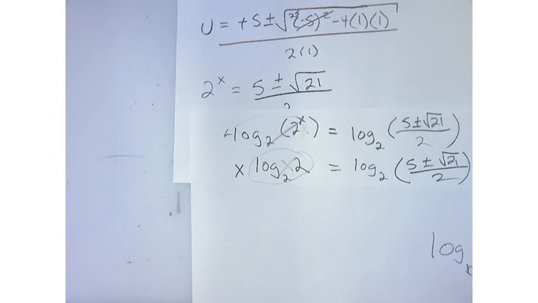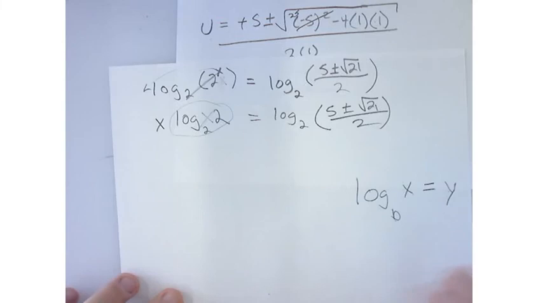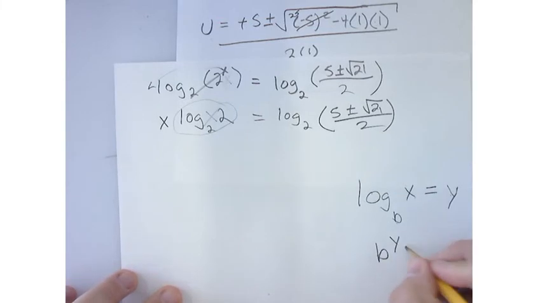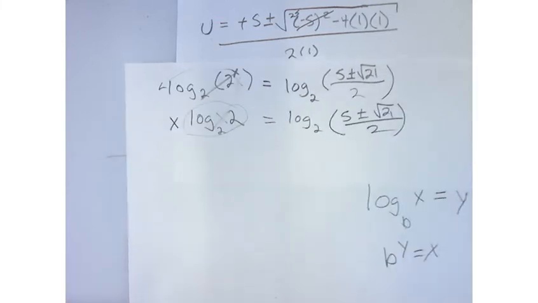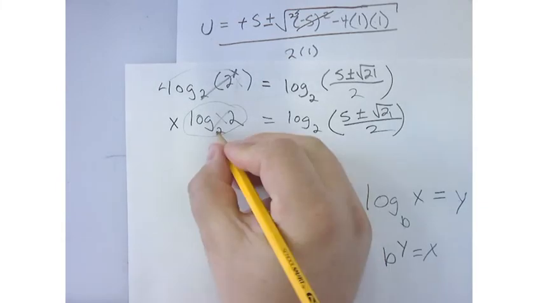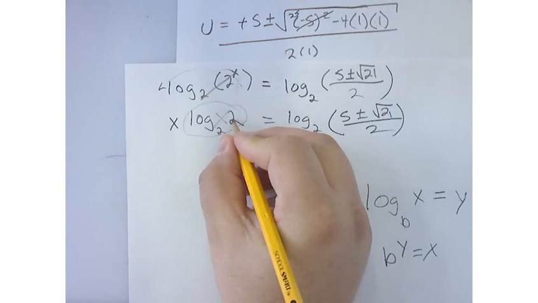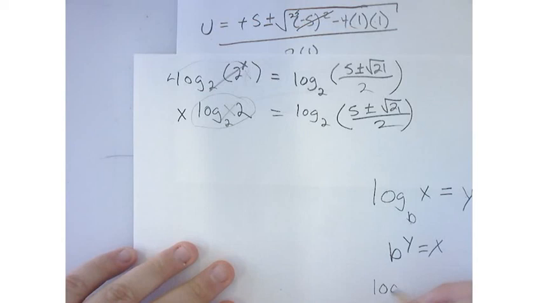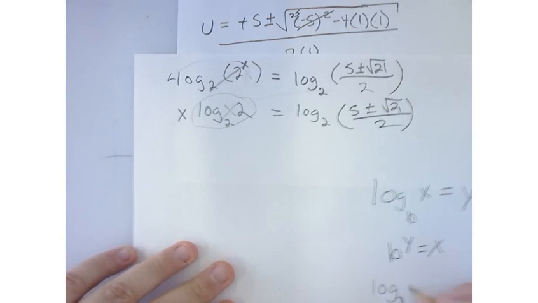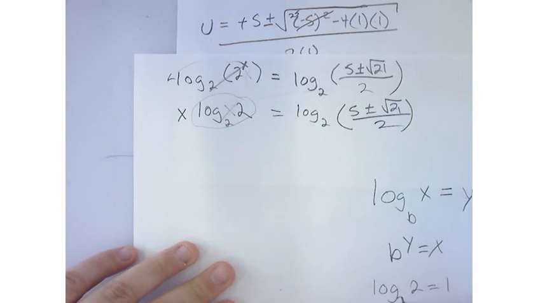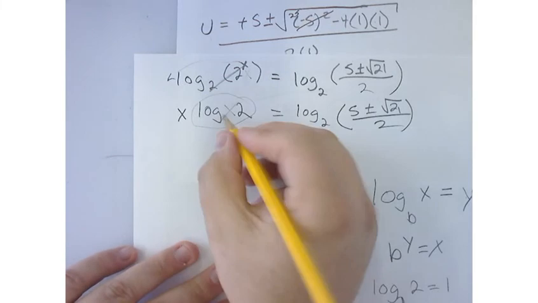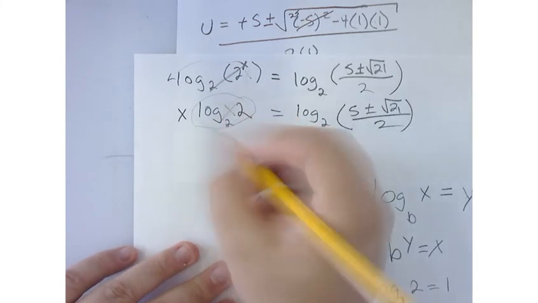So b to the y equals x, all right? So if I have a base of 2, what do I raise that to get 2? So I would say log base 2 of 2 is equal to 1, because if I take 2 and raise it to the 1, I get 2, right? So this is actually 1 times x, which is just x, and then I have all this stuff.